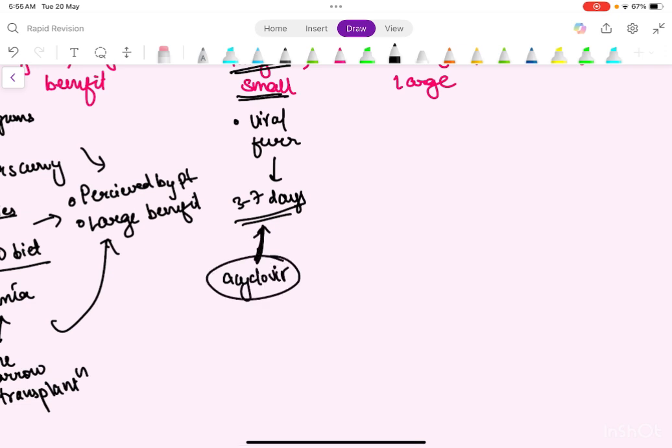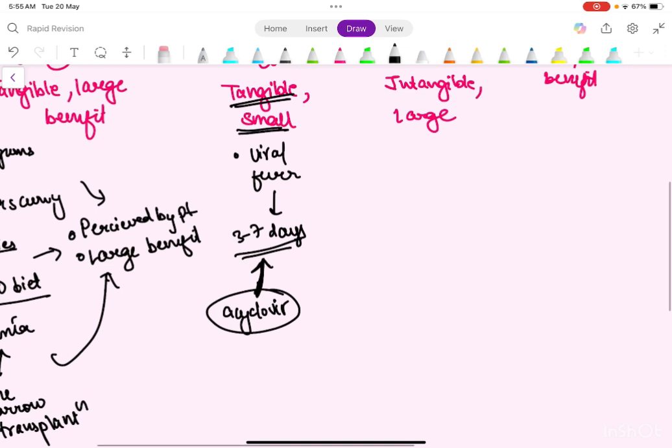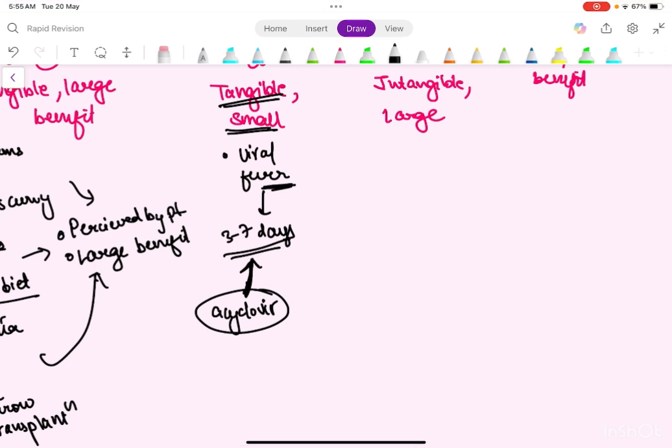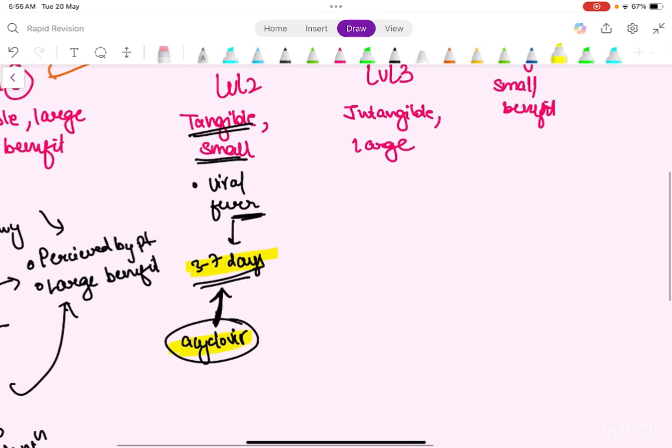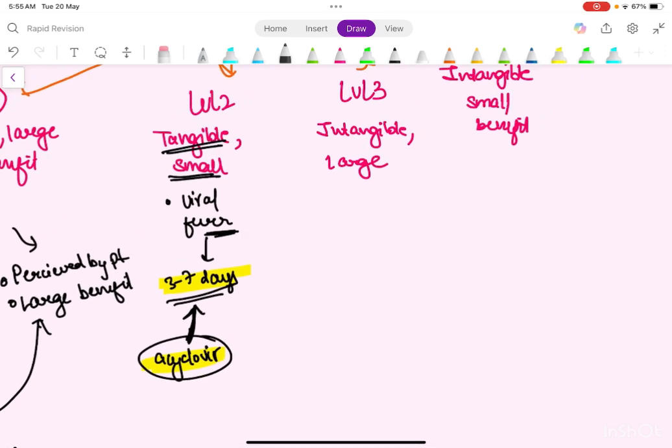The patient knew that his fever has resolved, but he didn't know whether it was because of the normal period of the disease or because of the drug. But the patient knows that the fever is gone. So you have tangible and small.